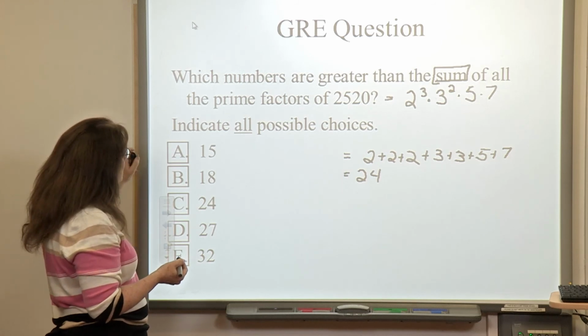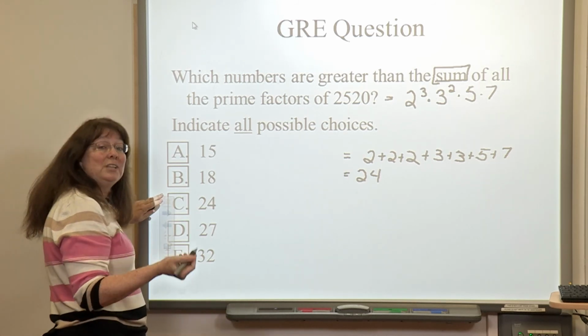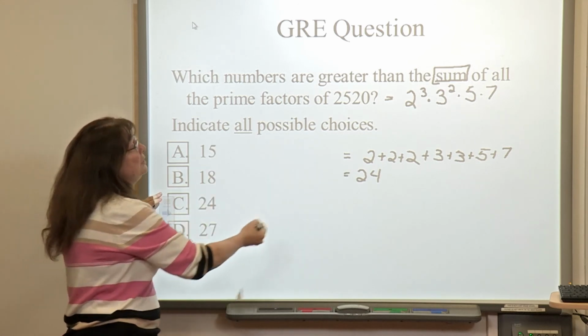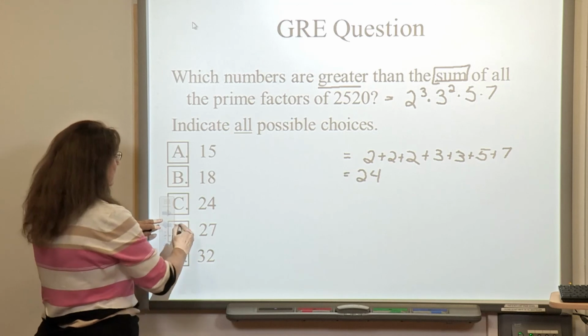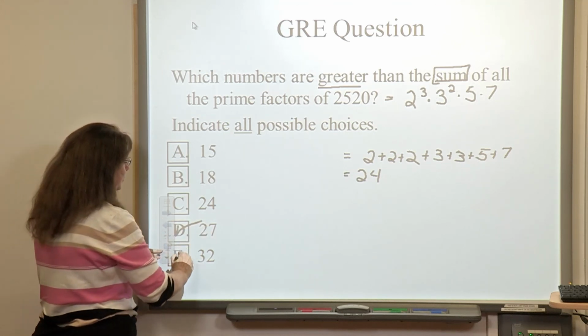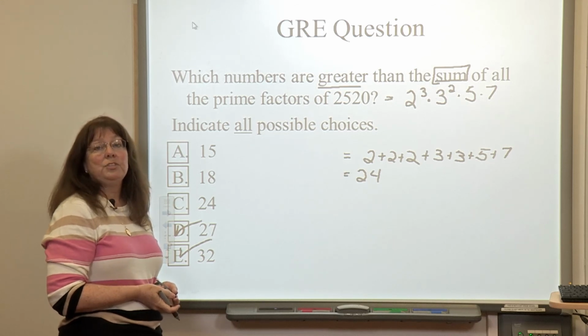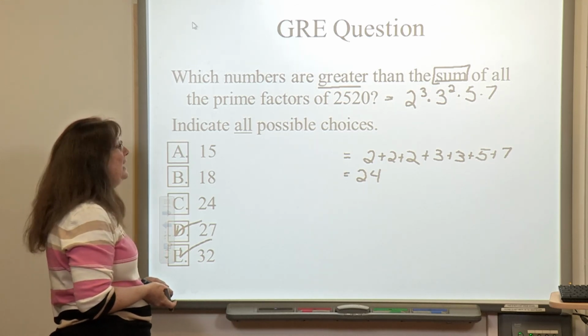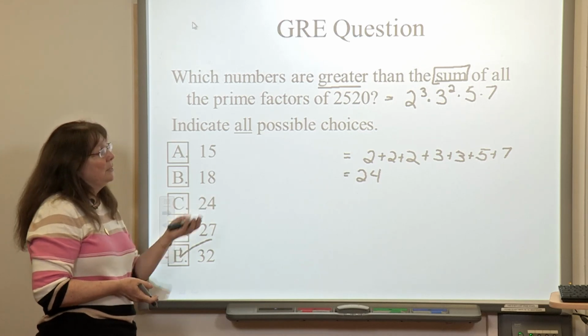Well, looking at my choices, I have 15, 18, 24, which is actually equal to your sum, and they want the ones that are greater than the sum, 27, so that would be a choice, and 32, that would be a choice. So for this example problem, we'd have two values. D and E are going to be the choices we'd select to be greater than the sum 24.